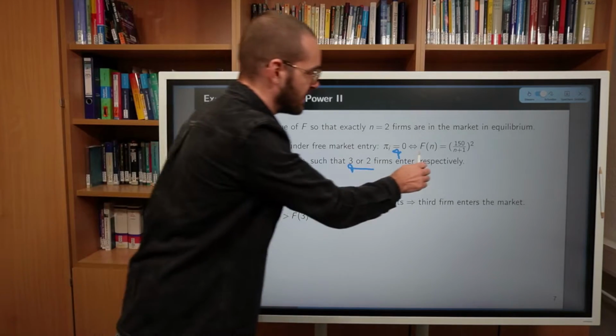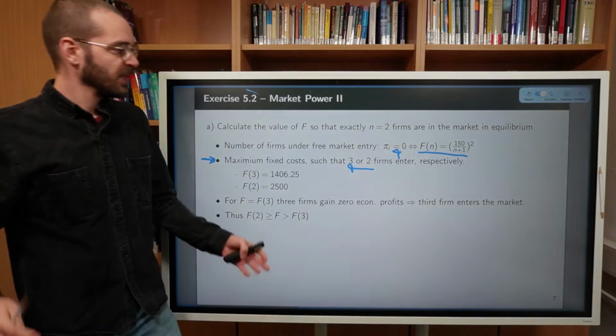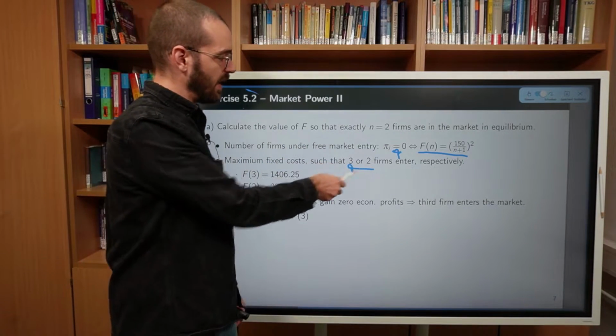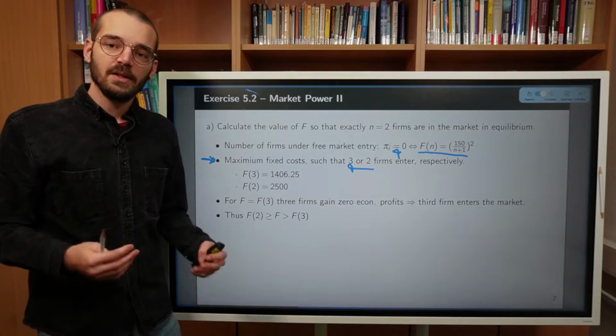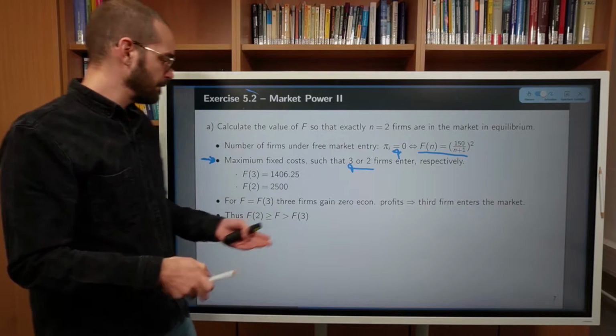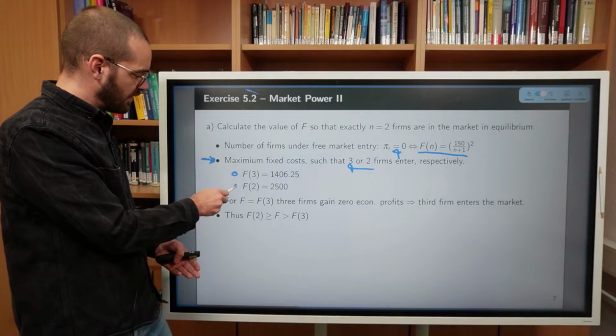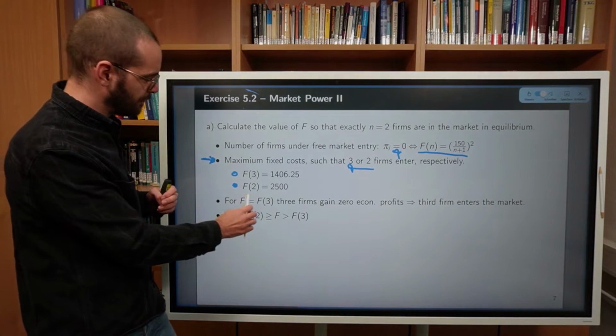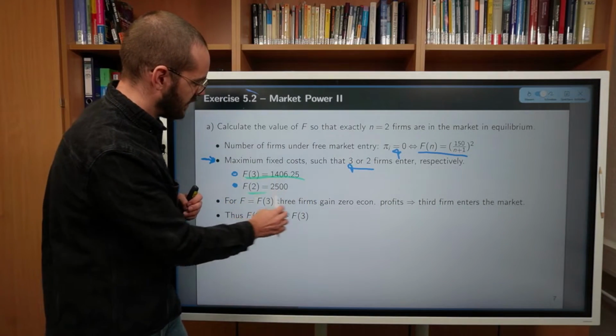It's written on this slide. So we can now plug in these values for n, 2 and 3, into this function and find out the results written in these 2 bullet points that I'm highlighting right now.